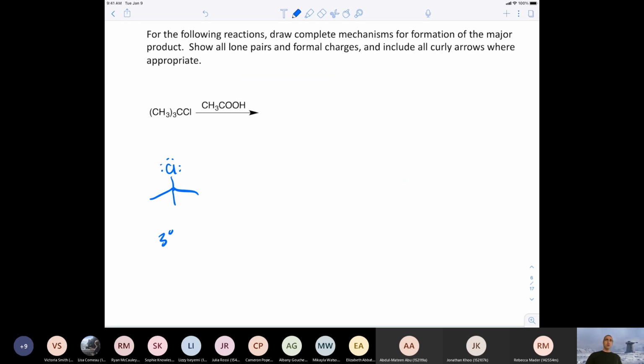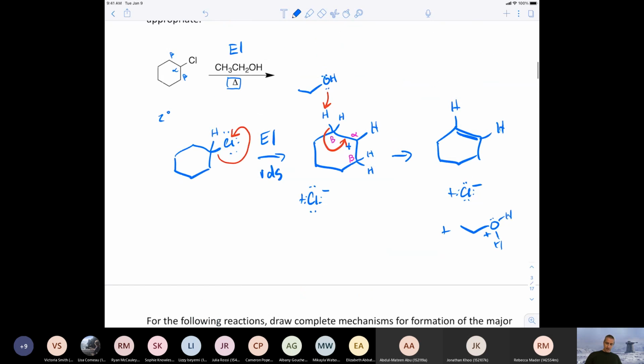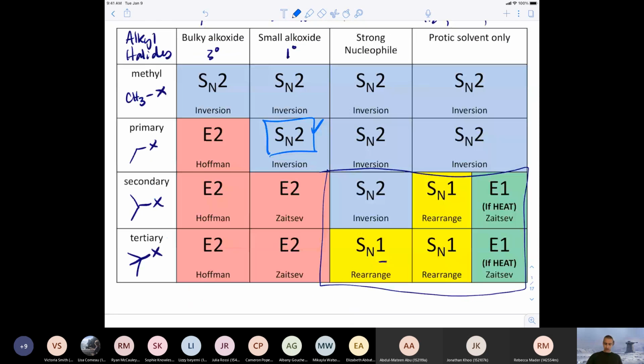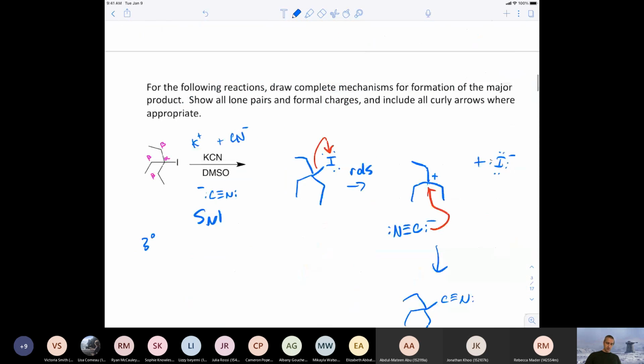And again, no strong alkoxide, no strong nucleophile, but we have a protic solvent. Same thing, acetic acid. So if you go way back up, we have a protic solvent only, and tertiary, we have SN1 or E1 if heat. Did we have heat there?